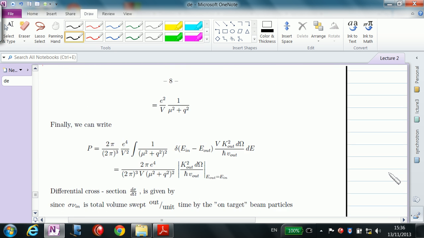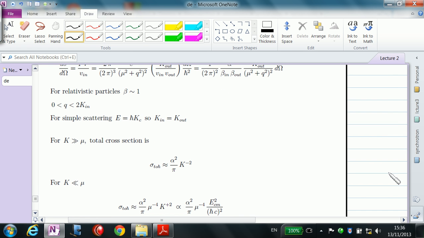Well, since I was talking about photons scattering after inverse Compton scattering.